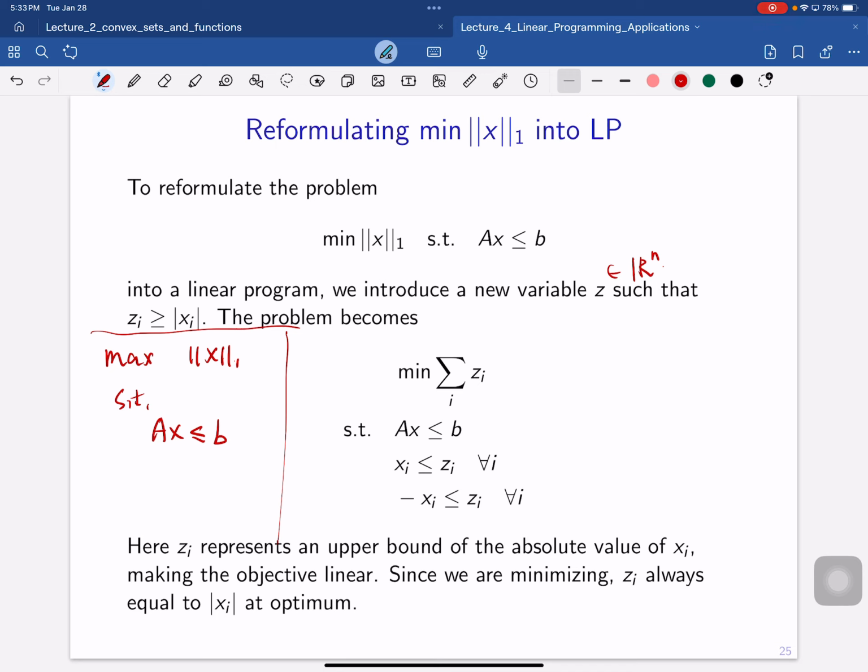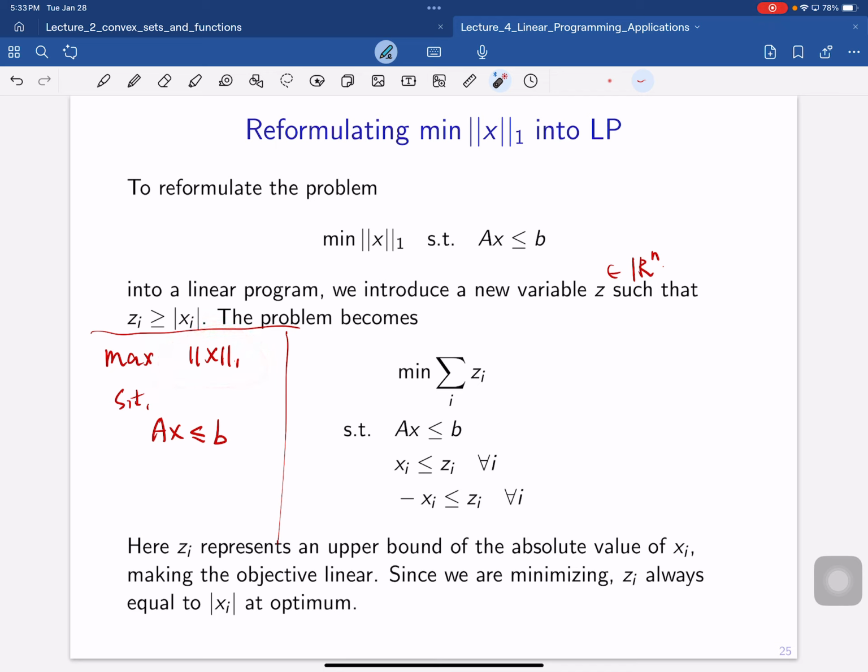Here's the trick: you can only reformulate as a linear program if this coefficient is positive. You are minimizing a positive coefficient of the norm. So let's say you are maximizing.